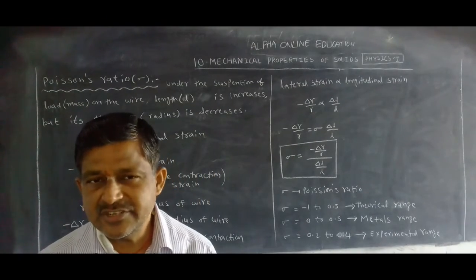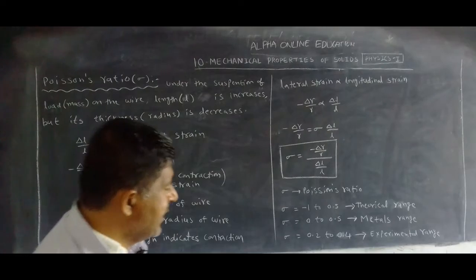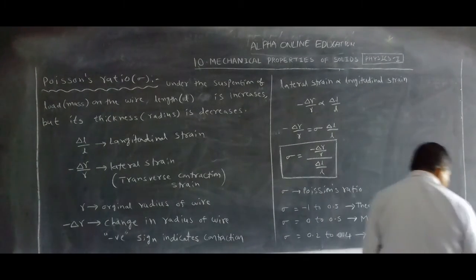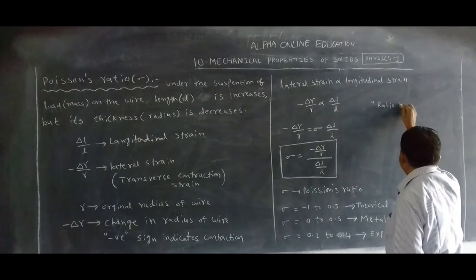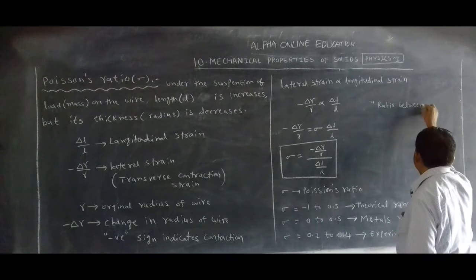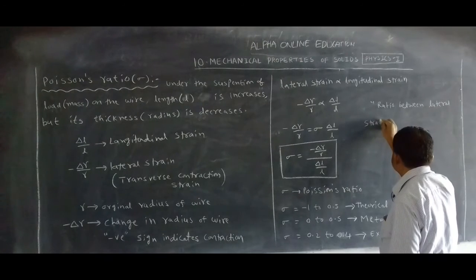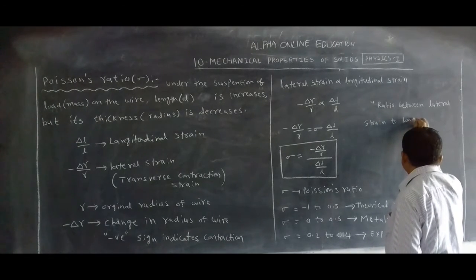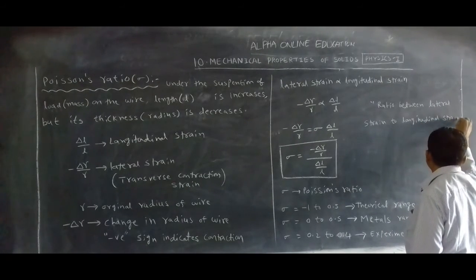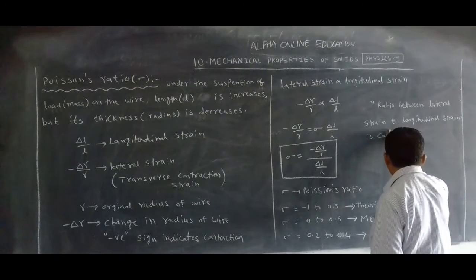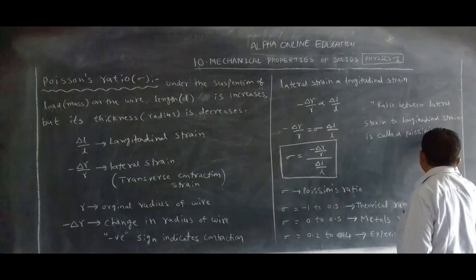Okay, what is Poisson's ratio? If you want to write the definition, how can we write? Ratio between lateral strain to longitudinal strain is called Poisson's ratio.